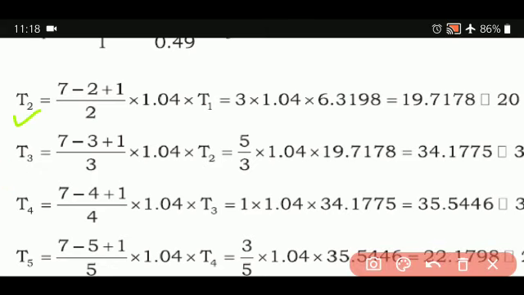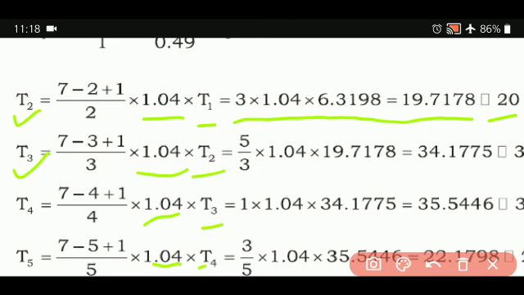You substitute the values systematically, step by step, and you get the answer 19.7178, which we approximated to 20. Similarly for T3, the value of x is 3. Here, see, it is all the same. These values keep on changing. This is how you write.